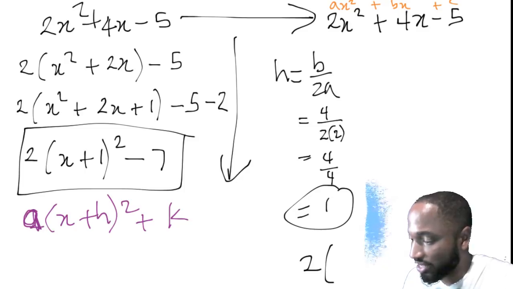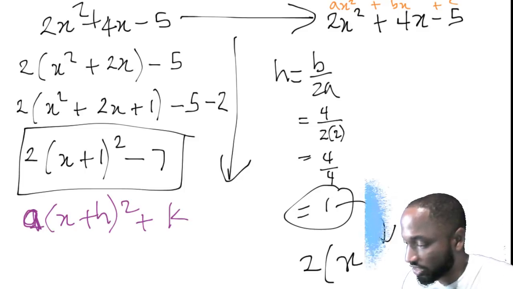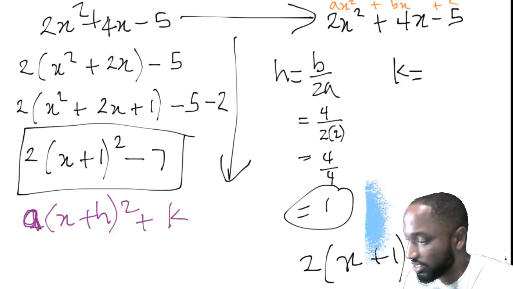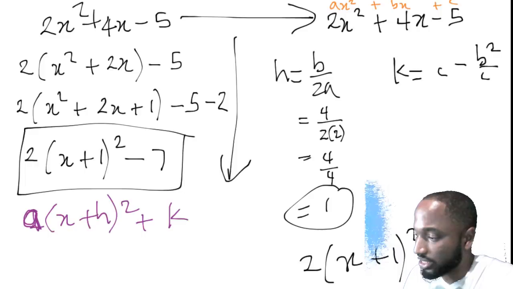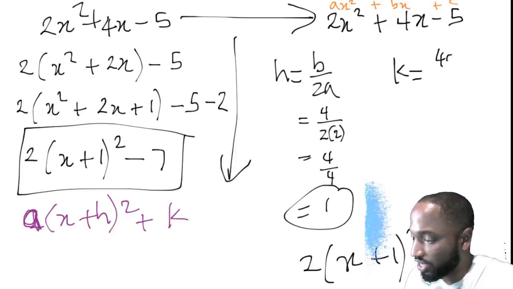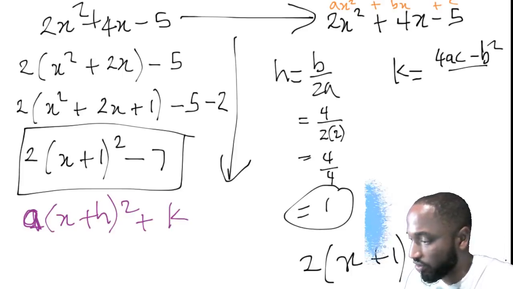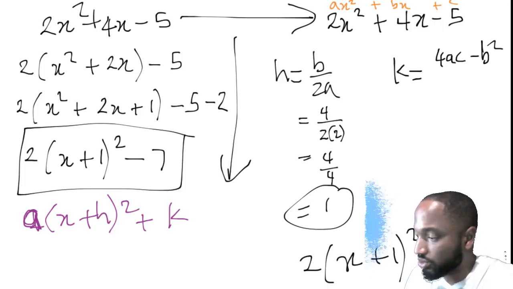We already know a. I put x and I take this h and put it there, already found for h, plus 1 squared. So I just need to find k now. So k is going to be equal to c minus b squared over 4a. Some people know it as 4ac minus b squared over 4a. Whatever floats your boat.